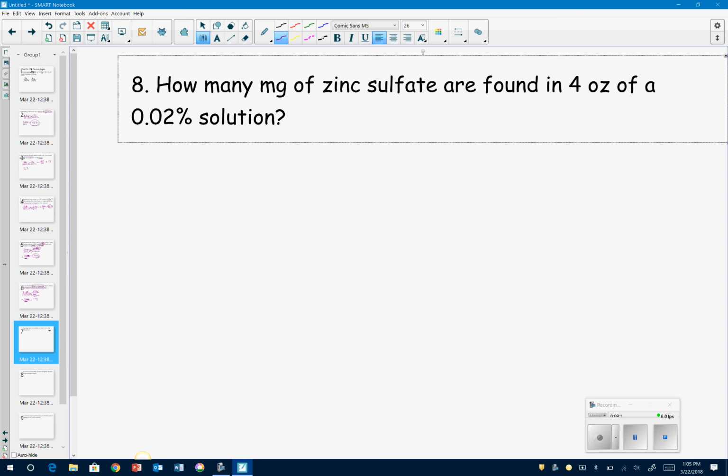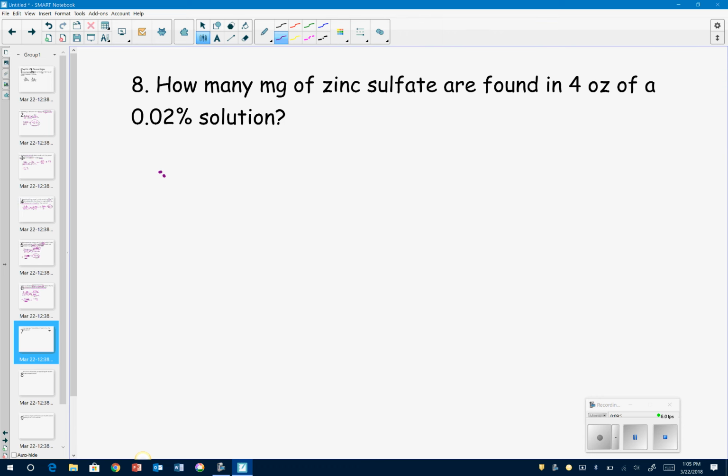Okay, now next on page 232, you have number 8. It says how many milligrams, so we know we're going to have X milligrams of zinc sulfate found in 4 ounces of a 0.02% solution.